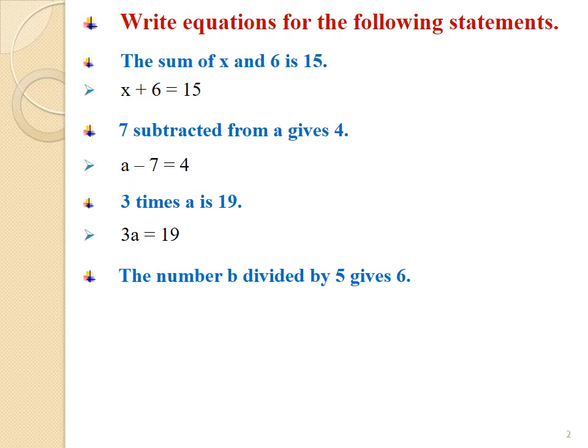We know that in algebra, in order to write an equation, we divide a given number or variable in form of fraction. Thus, equation for this statement is b by 5 equals to 6.